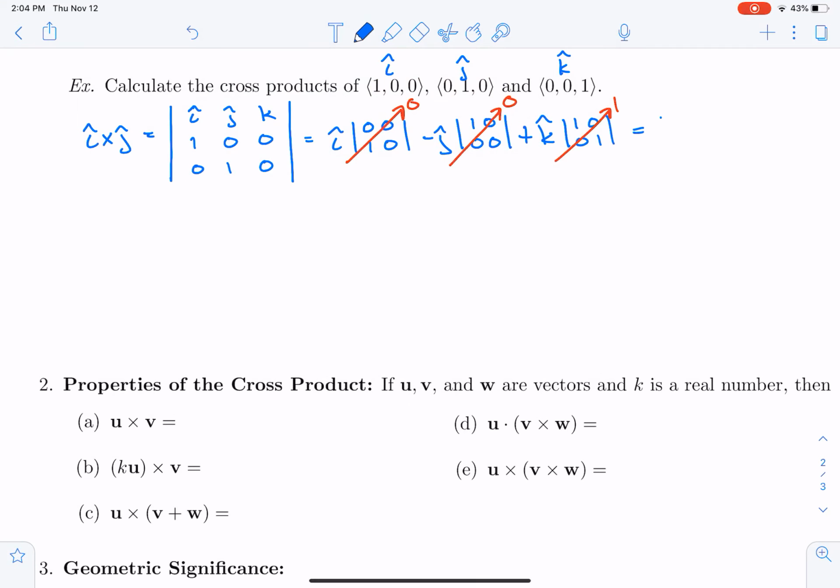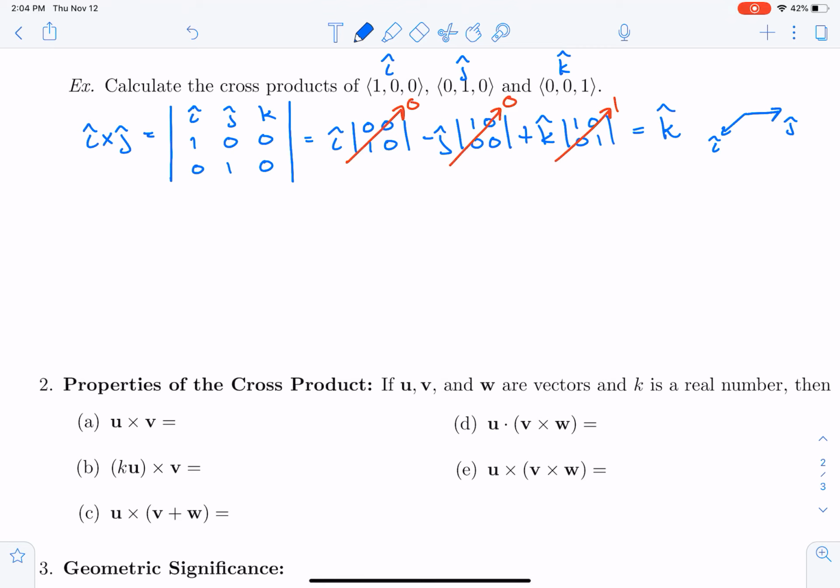And this makes sense because we have i, which is pointing out towards you there. We have j, which is pointing to the left. And so we have i and j that are in the xy plane.